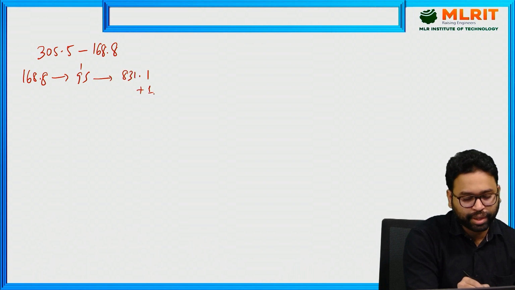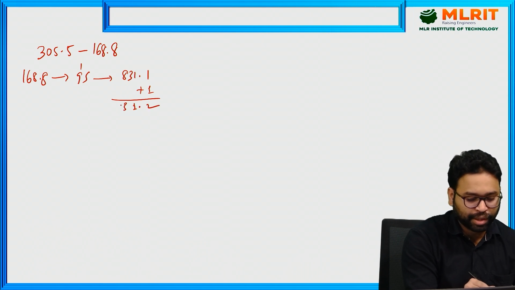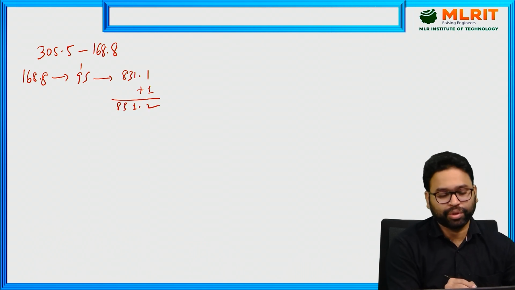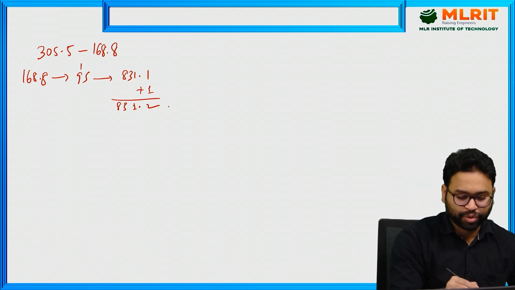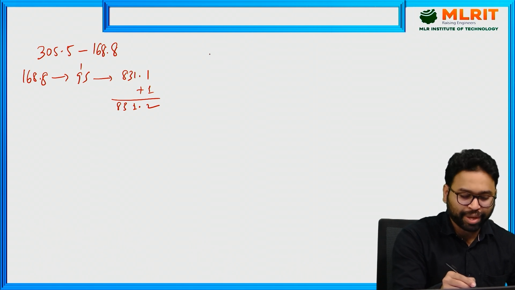For this, simply add 1 here, it becomes 2, so 831.2. For this 831.2, you are supposed to represent it in terms of BCD code. 305.5 we have already represented, so I'm directly writing that value here.